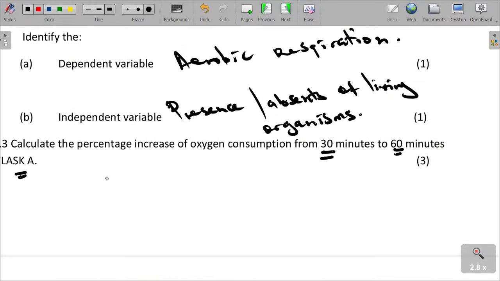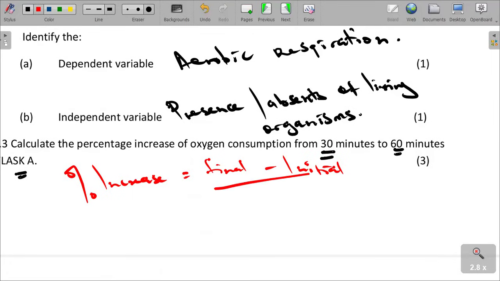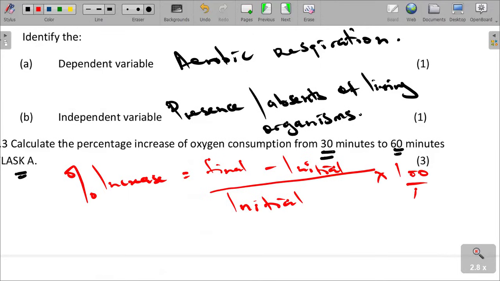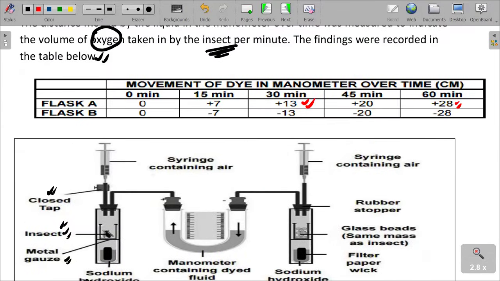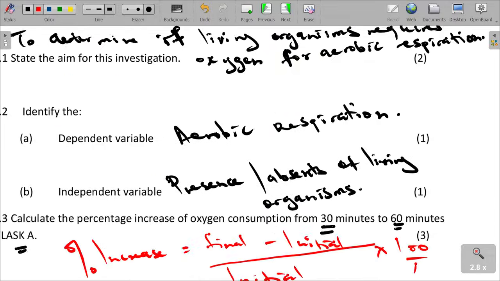Percentage increase is equal to final minus initial over initial multiplied by 100. So our final, as we found, is 28 and the initial is 13.